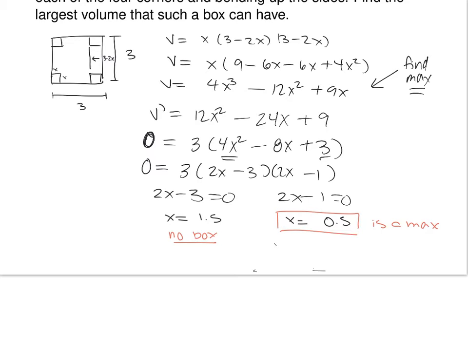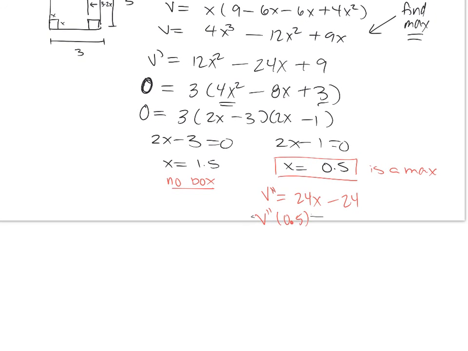My own inclination is second derivative test if the second derivative is easy. Is the second derivative easy? Yeah. So the second derivative is 24x minus 24, right? And when you plug in 0.5, is the result positive or negative? Negative.